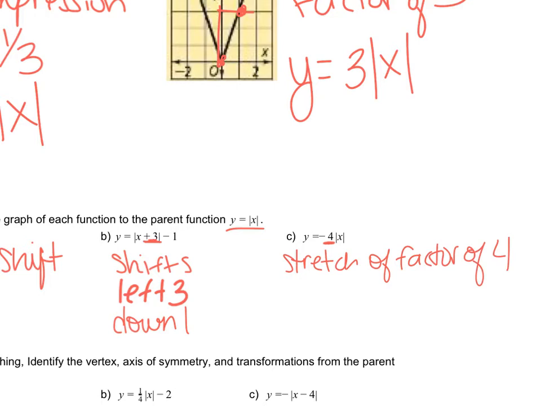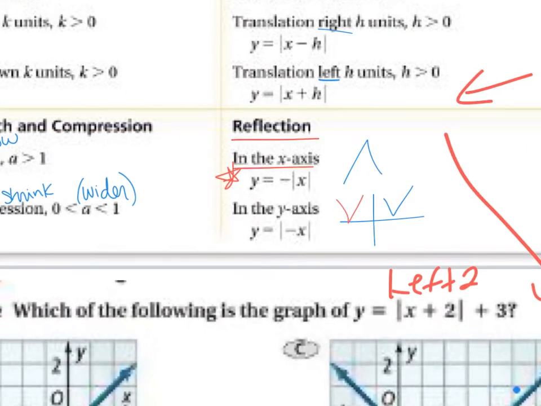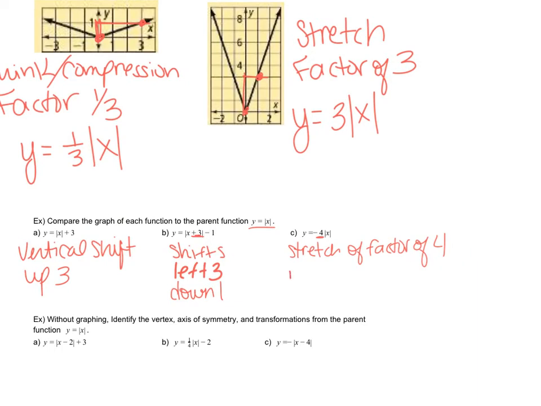Now, I didn't forget about that negative sign. That's just a different translation. So when you have a negative sign, go back up here. If it's on the outside, it's a reflection in the x-axis. So that's what you'll write. Reflection in the x-axis.